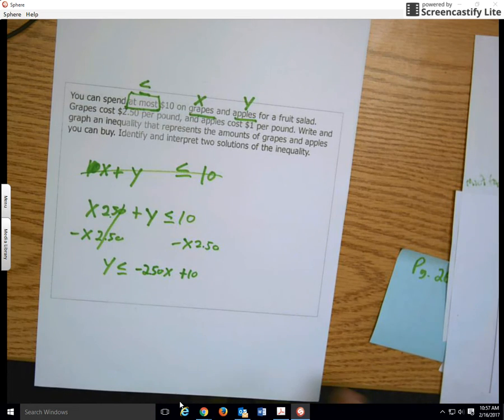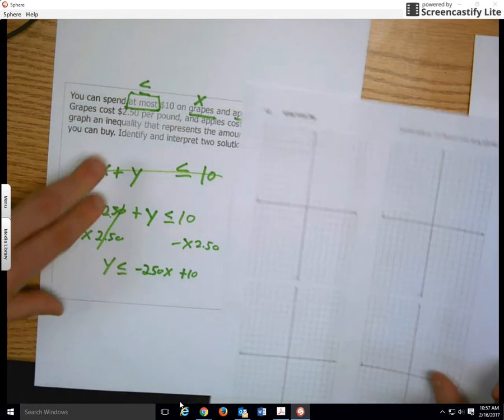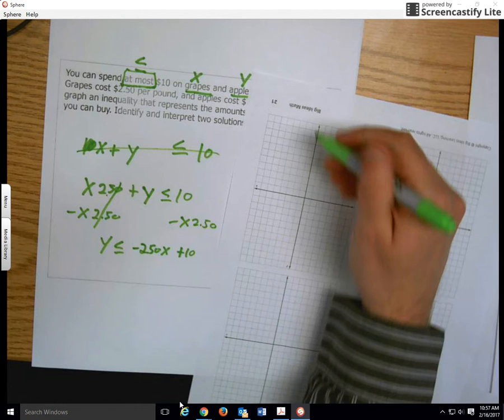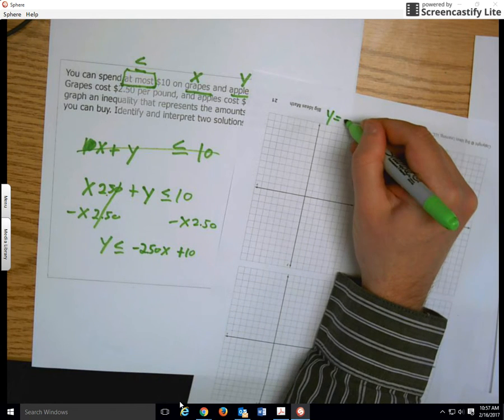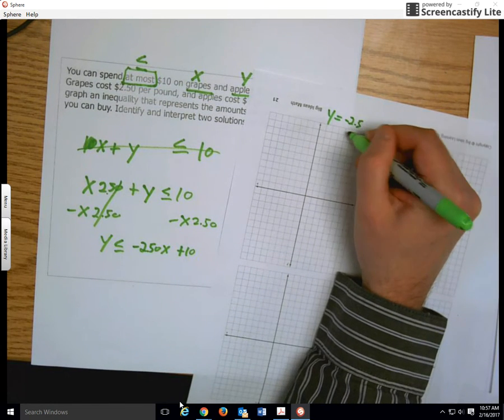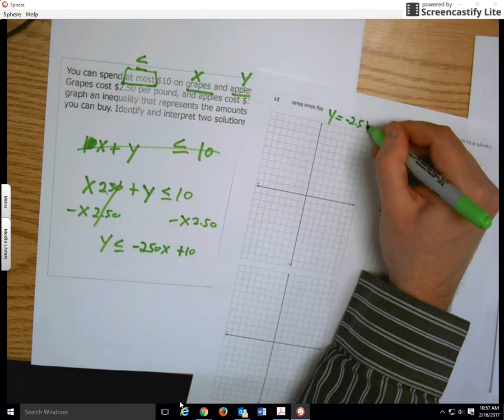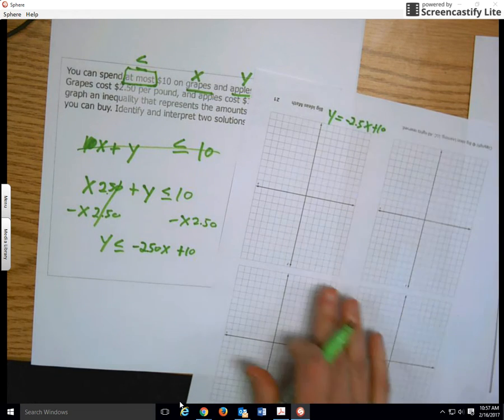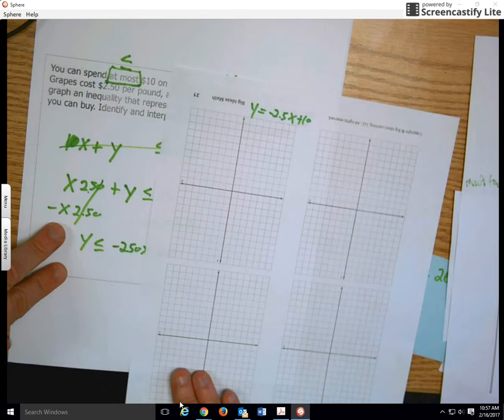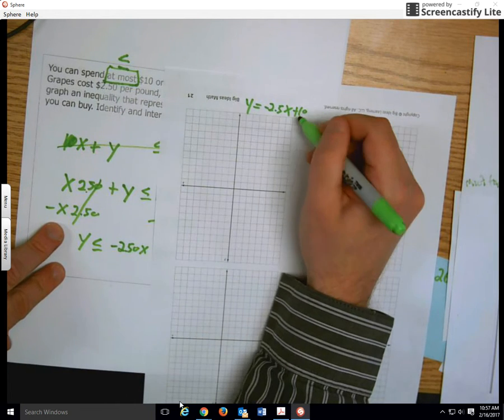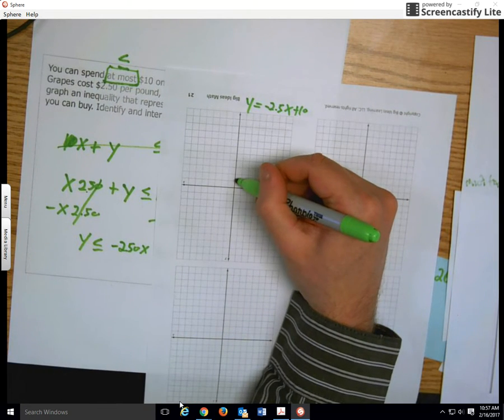So if I were to graph it on a coordinate plane, y equals negative 2.50, I could write 2.5. You don't need the 0 after. x plus 10. My m would be negative 2.5 and my b would be 10, so we go up 10.